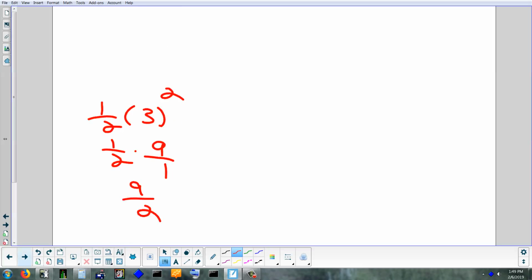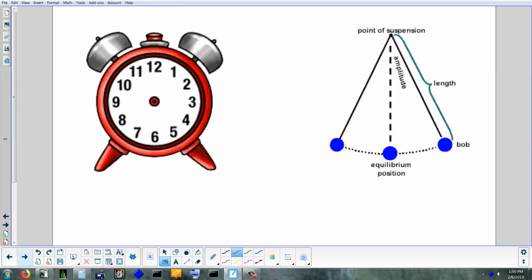Alright, so in the homework, there's going to be a problem about a clock. And it's going to ask you, as the minute hand or hour hand moves, how far does the tip of the hand move? So the tip of the hand makes what path as it moves? It makes an arc.